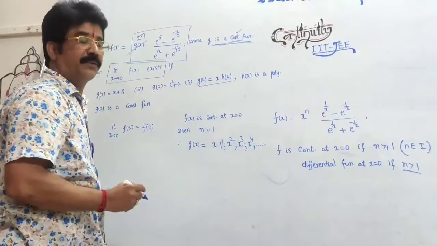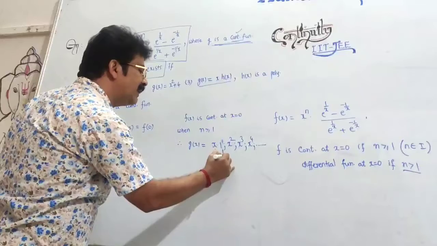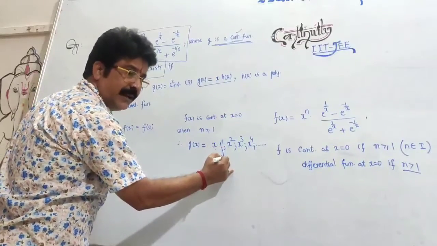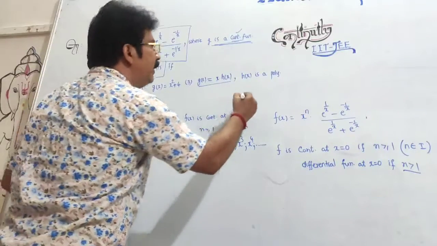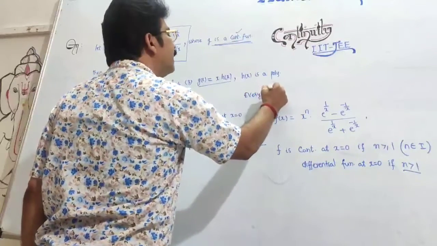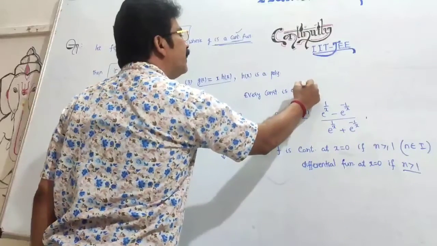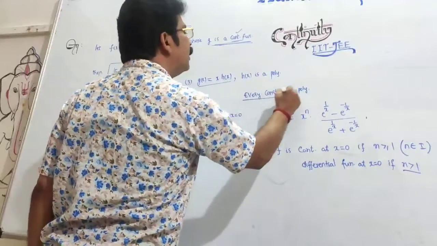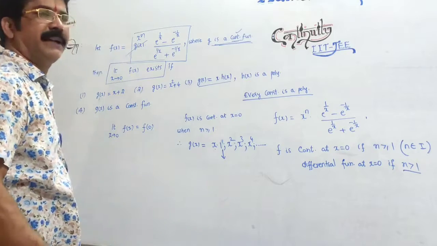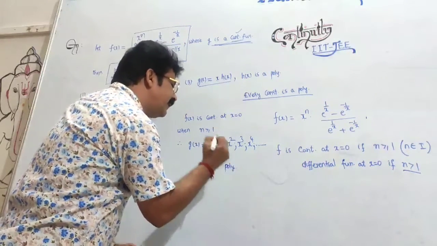Compare this with the third option. x into polynomial: x into 1 means it is a constant. Every constant is a polynomial. Make a note: every constant is a polynomial. It is the most important point. So 1 is a polynomial.